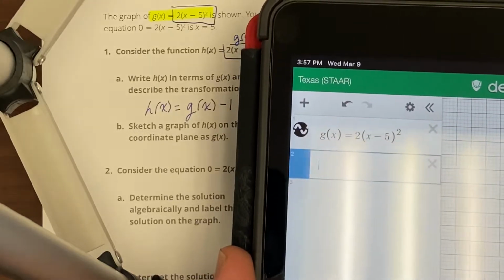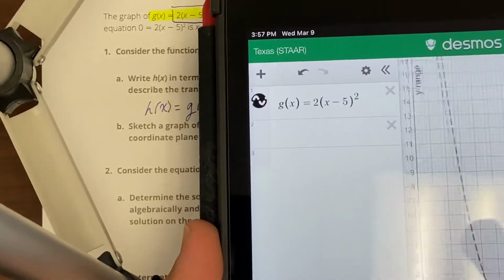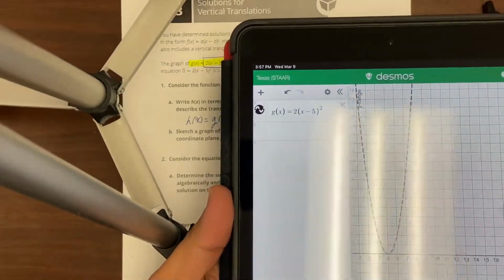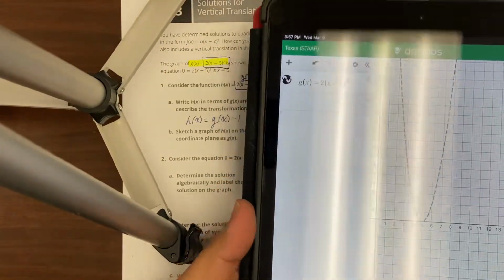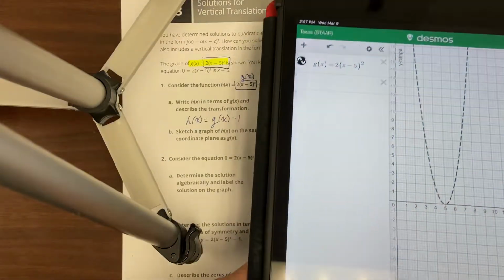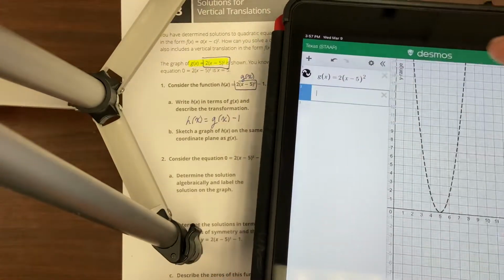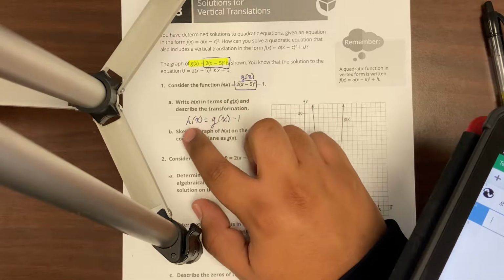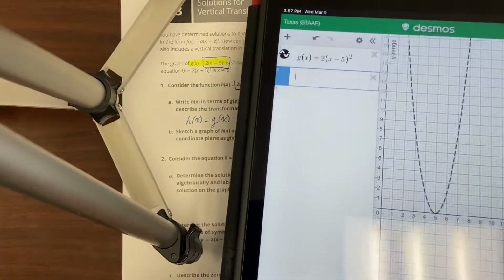Okay, second function. There's my g of x. Let me zoom out a little bit. Sorry about that. There's my g of x, which is what we already have there on the paper. Second part, we can type in this whole h of x with all that mumbo jumbo, or I could type this out.